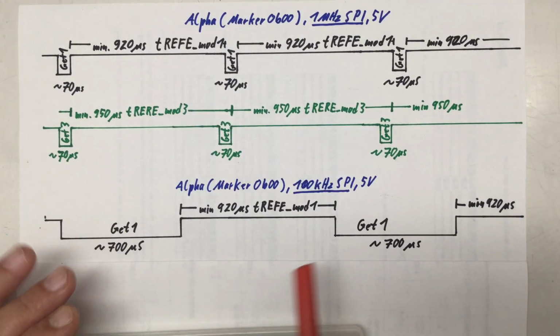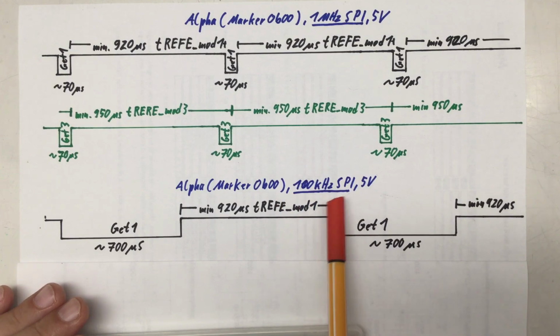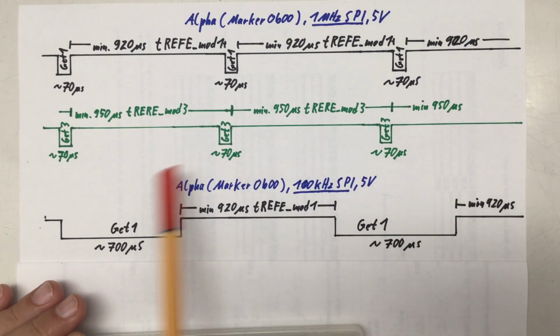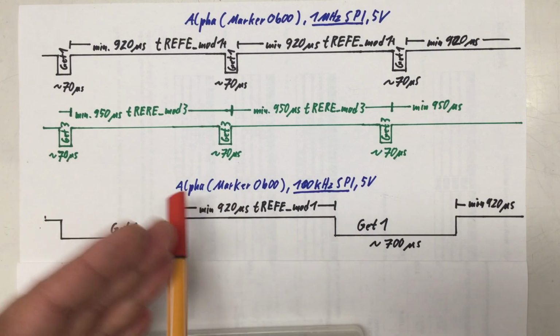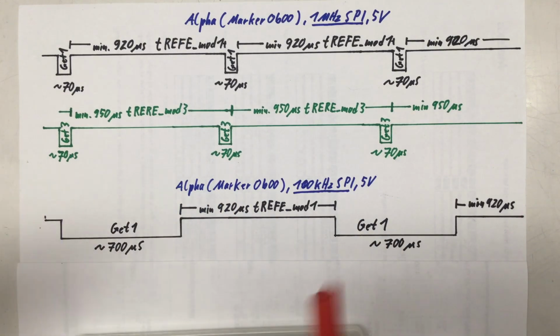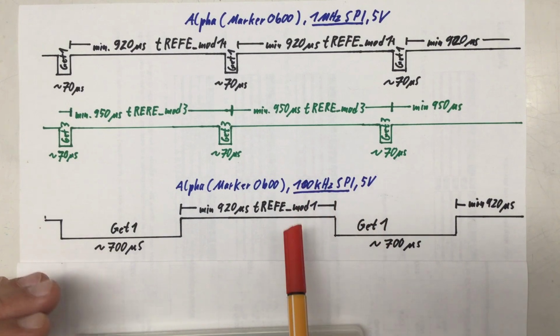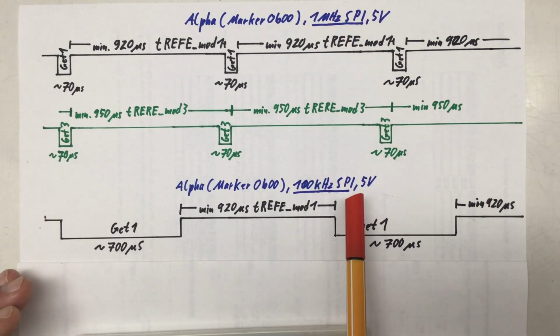Now, what happens if we run our SPI bus at only 100 kilohertz with everything else being the same? It could be that you have very long SPI lines on your board or whatever, or you're using a cable for SPI and you cannot run it at 1 megahertz or 2 megahertz.